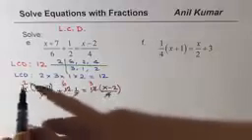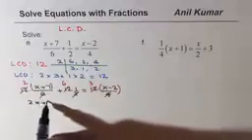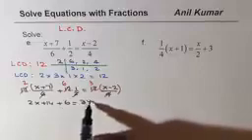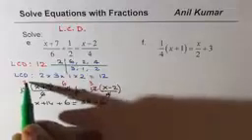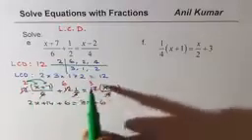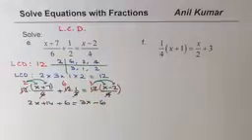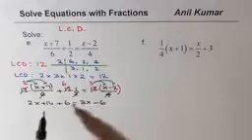x and 7. So when you open this bracket, you get 2x plus 14 plus 6 equals 3x minus 6. I hope this step is clear. We are multiplying this 2 with both the numbers, right? Applying the distributive property. Now you have to solve, bringing the x terms together and the constants together.